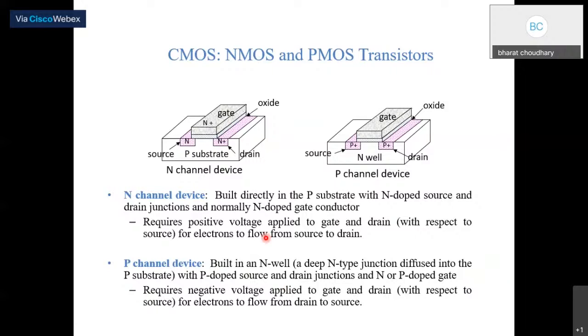In NMOS electrons flow from source to drain; in PMOS the flow is from drain to source.